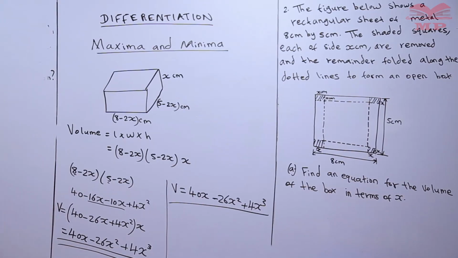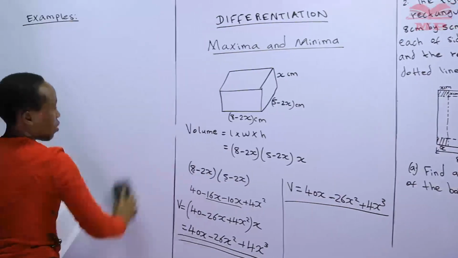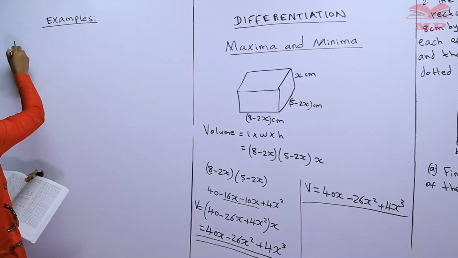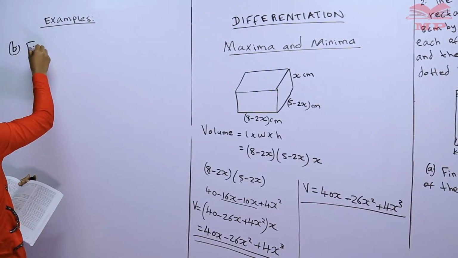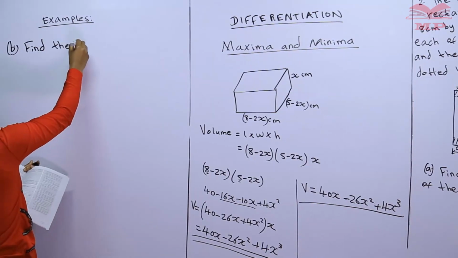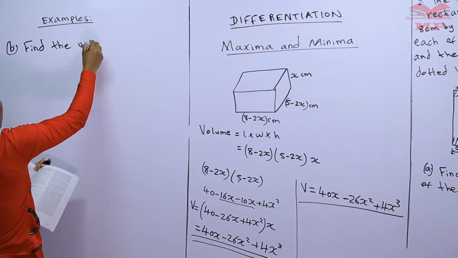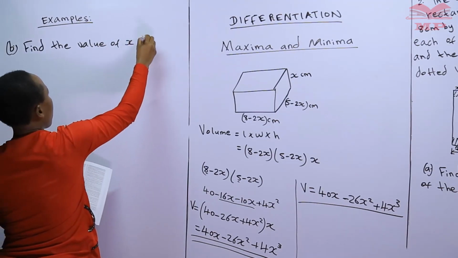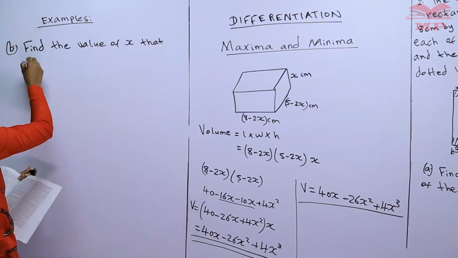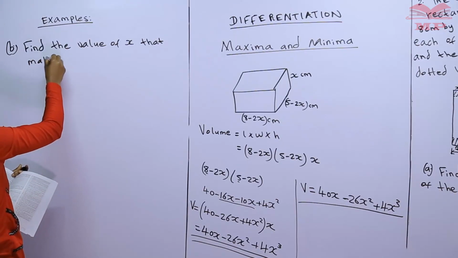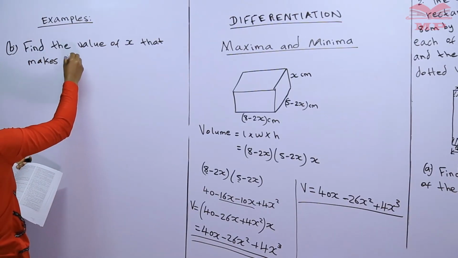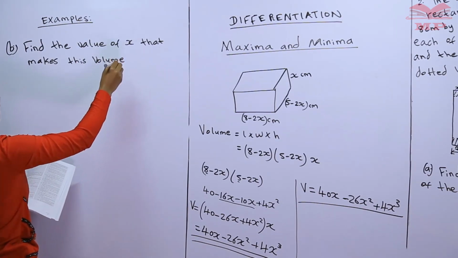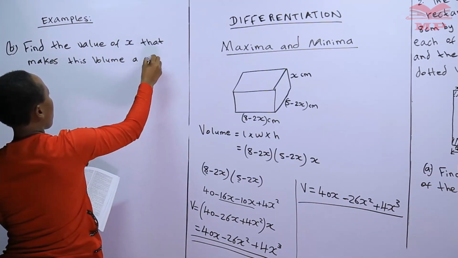Then Roman 2, on part B, we are told to find the value of x that makes this volume a maximum.